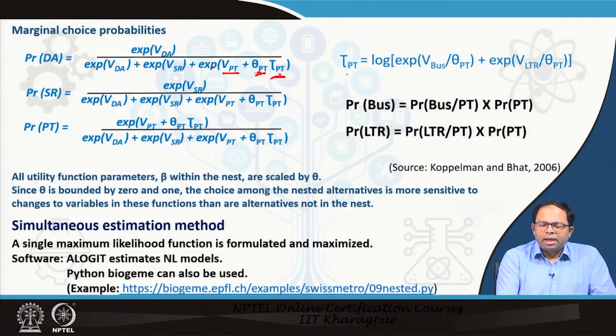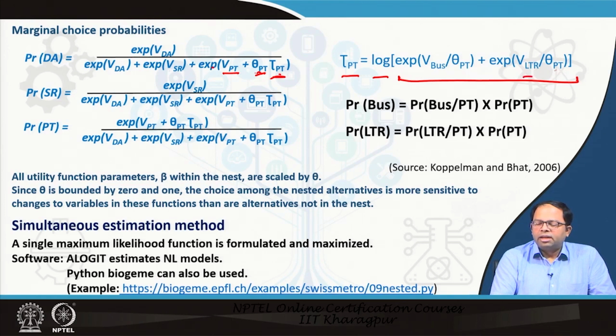This is given by tau pt times the log of the summation of exponential of V bus divided by theta pt, which we have introduced earlier, and exponential of V light rail divided by this log sum parameter or any scale parameter that we have said. And then we have this parameter over here as well, which is the log sum parameter.